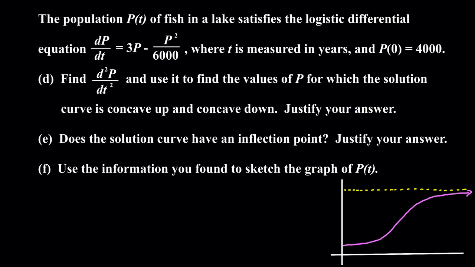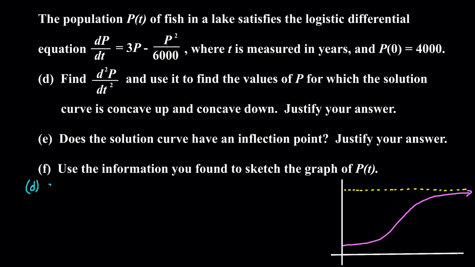All right, so then part D says find the second derivative and use it to find the values of P for which the solution curve is concave up and concave down, and then we need to justify our answer. So on part D, let's do that down here.